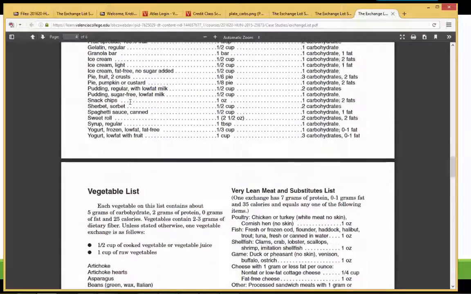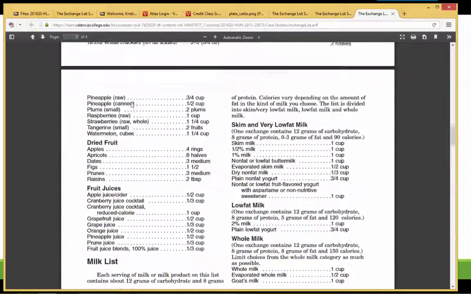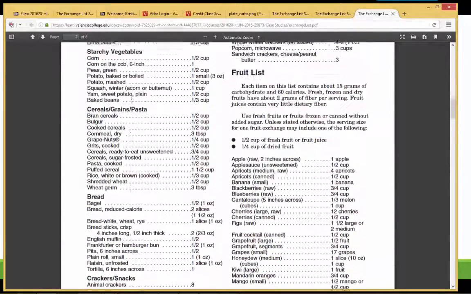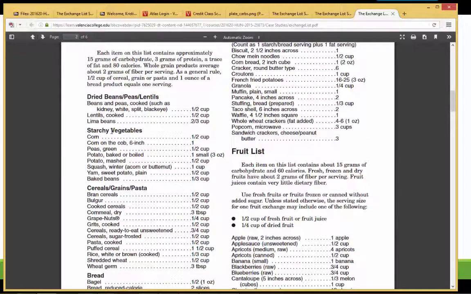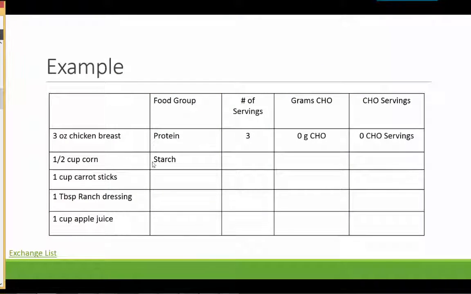So this is the vegetable group. Let's move up to the starchy vegetables. Starchy vegetables, look at the top of the list, corn. So corn is 1/2 cup. We consumed 1/2 cup of corn, so therefore that means we consumed 1 serving of starch.